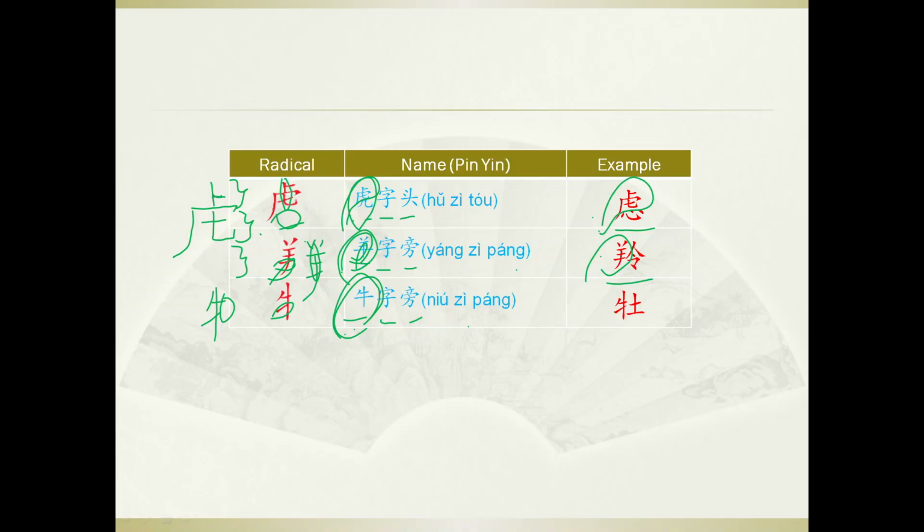The vertical should be divided to 3 portions, with the middle portion slightly shorter, and the other 2 portions similar length.